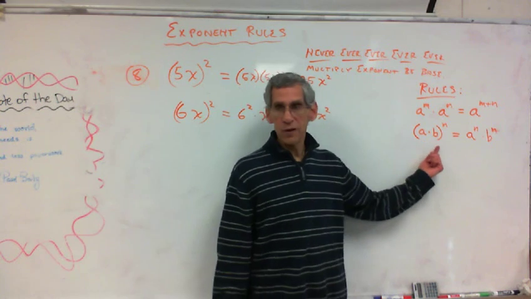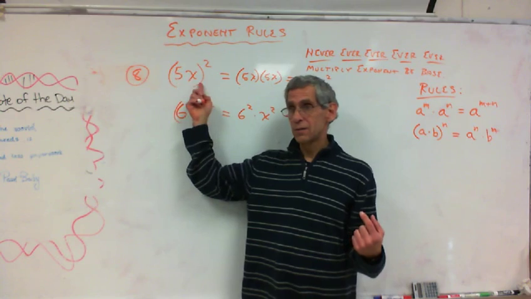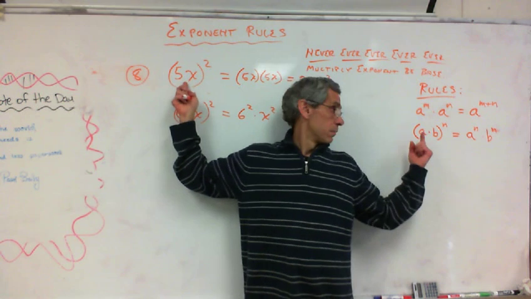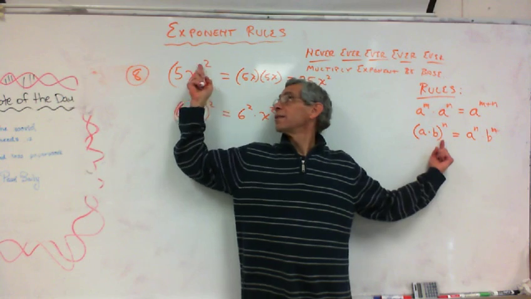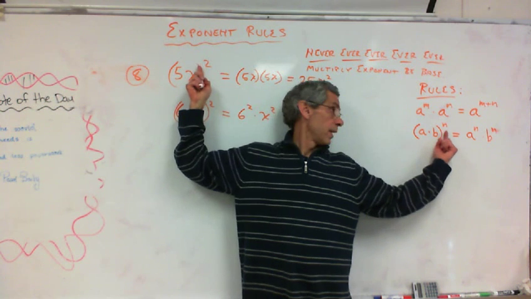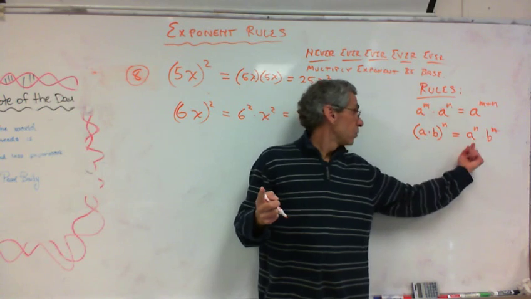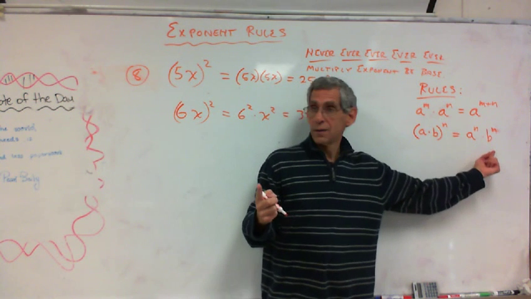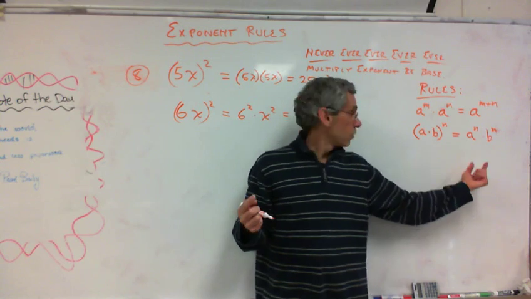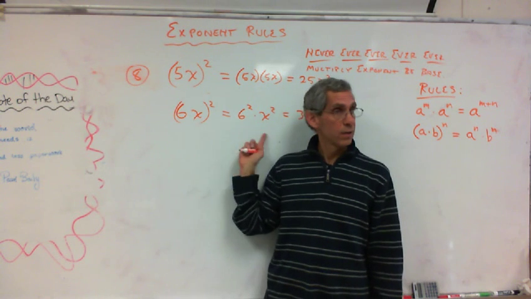If I have two different numbers, like I have here, I have a 5 and an x. 5 is the a, and x is the b, and I raise it to the second power, or to any power, then the answer is a to the n times b to the n. Make sense? So that rule tells you how this works right here.